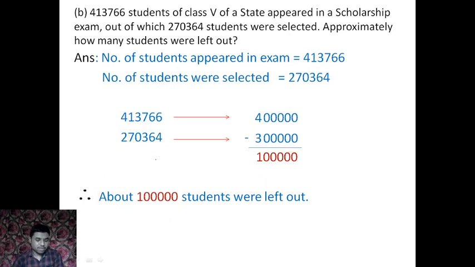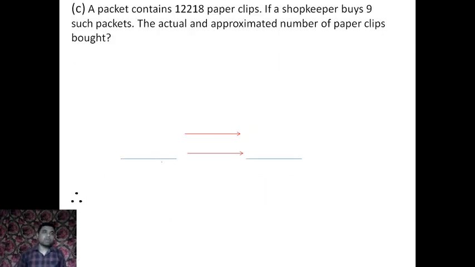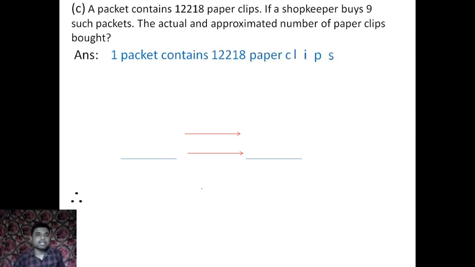Hope you understand it. Okay, now see, a packet contains these paper clips. If a shopkeeper buys 9 such packets, find the actual and approximated number of paper clips bought. Okay, so first write the statement. 1 packet contains this. And how many packets? 9.